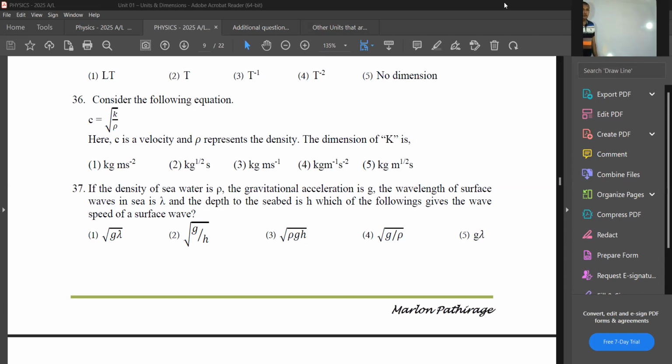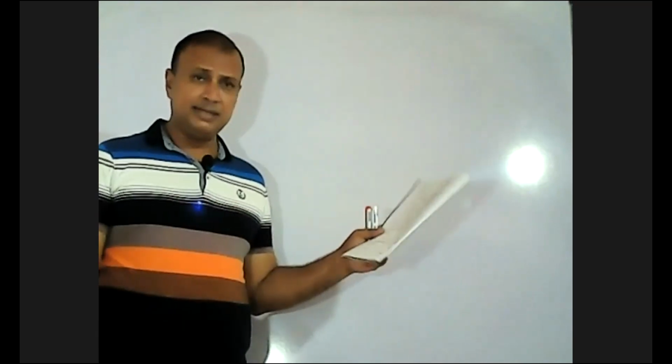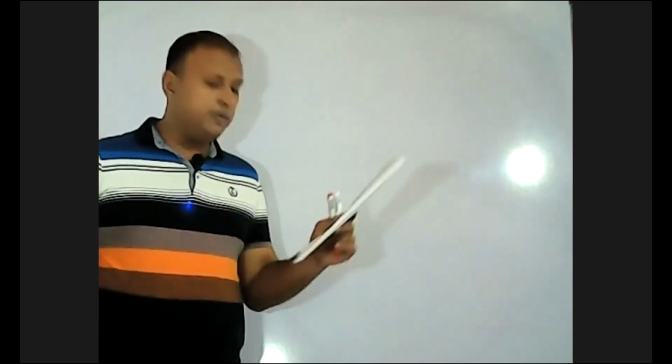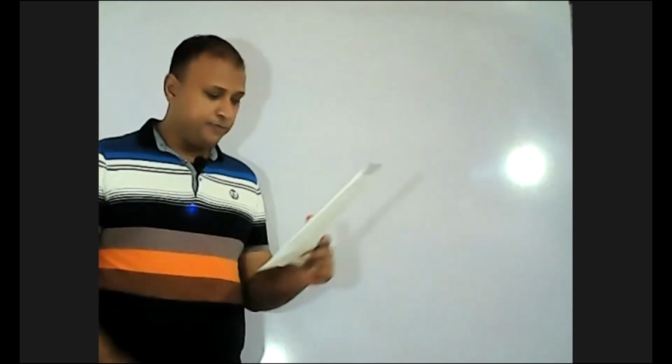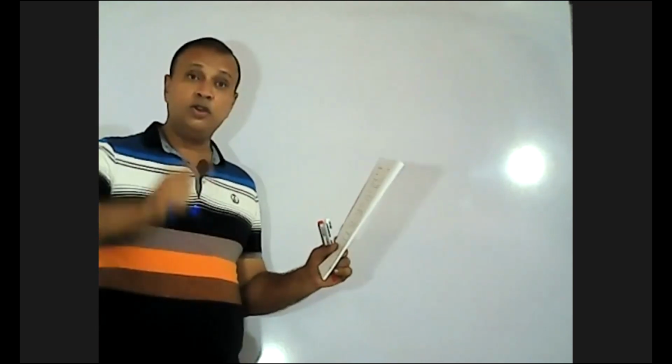You have to use dimensional analysis. You can substitute the dimension of each answer and just calculate and check whether it has the dimension of velocity or not. That is the only way.